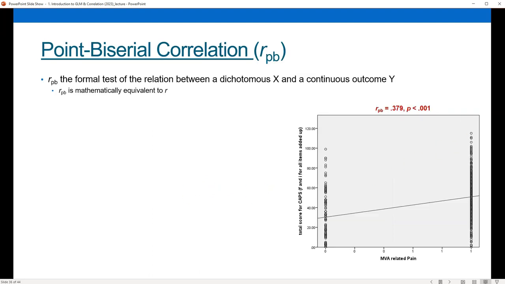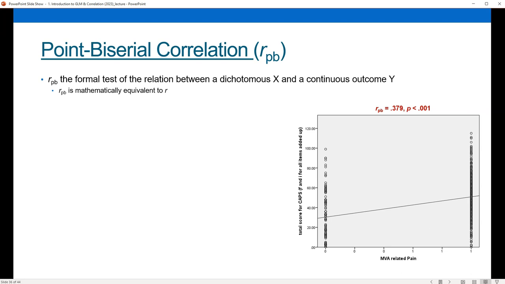All right. So that's our Pearson correlation, our bivariate normal correlation. To this point, we're assuming that we have continuous random variable X and continuous random variable Y. But there are other versions of correlations where we're looking at the association between two variables that don't necessarily have to be continuous.